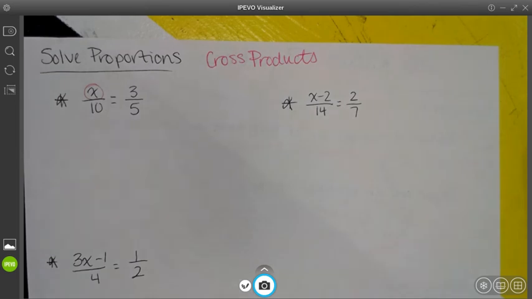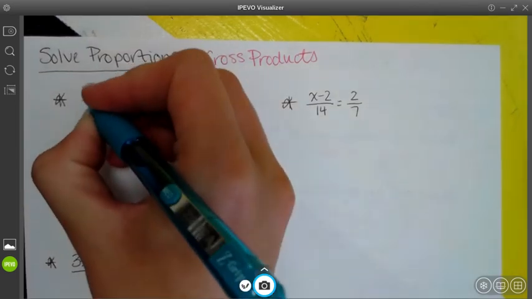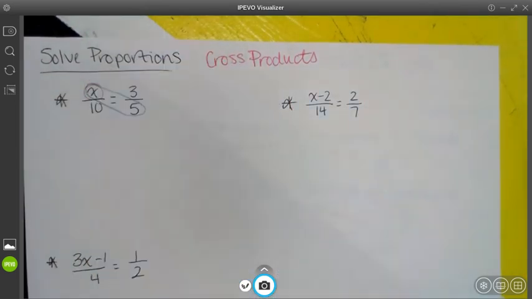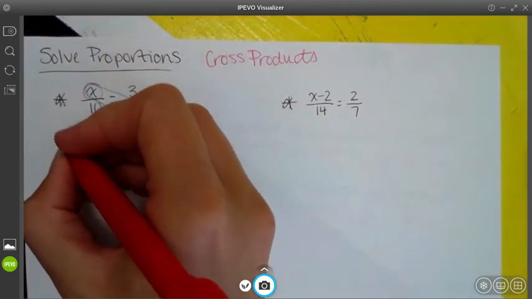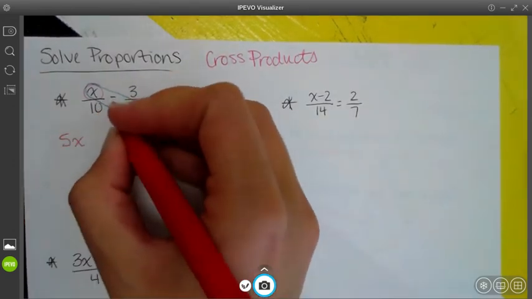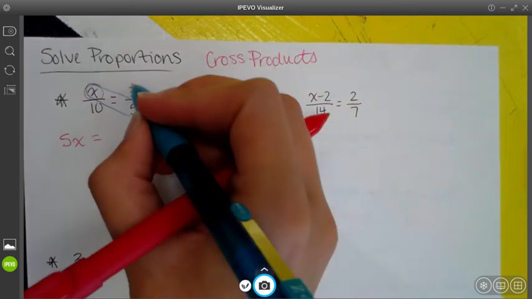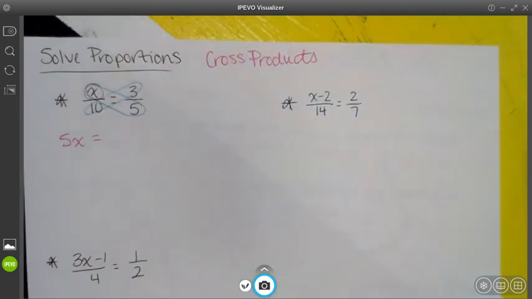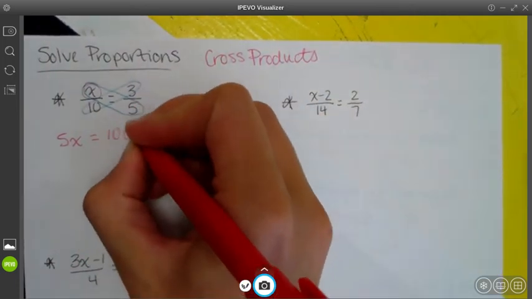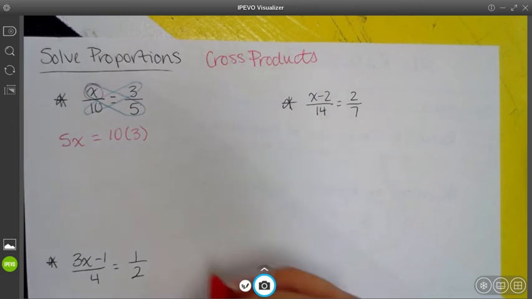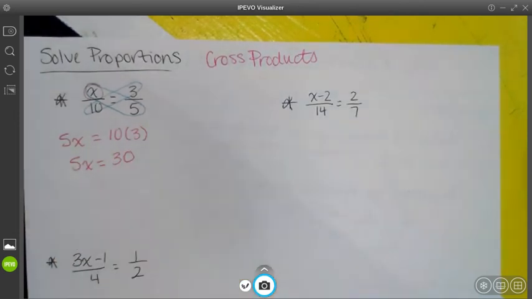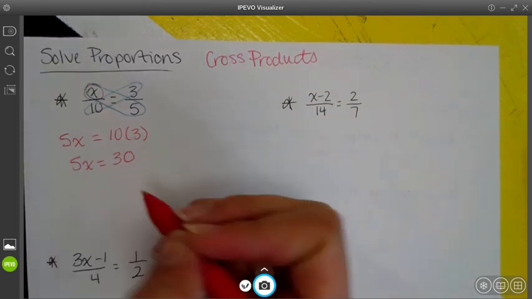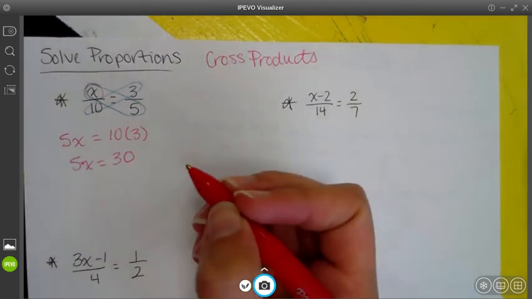So we're going to do our cross products. The first cross product is x times 5, or 5x, equals 10 times 3. So I really have 5x equals 30. Now I need to solve for x. I need to undo this multiplication.